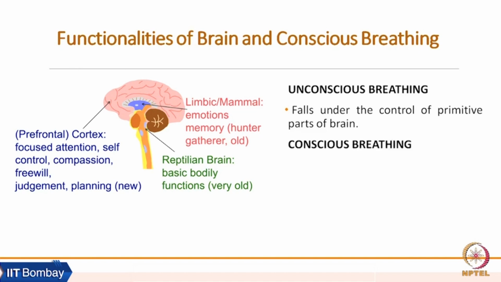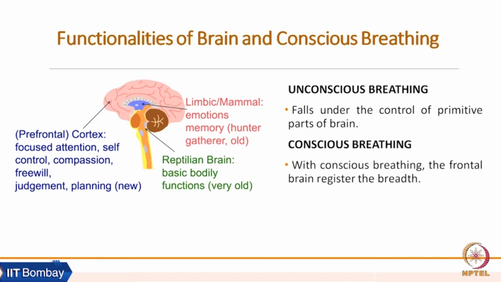However, when we do conscious breathing, the frontal brain starts registering that activity, and it becomes active. So naturally, when the frontal brain is active, we have more control over other activities. We can be more conscious in making judgments, planning, being compassionate about others.